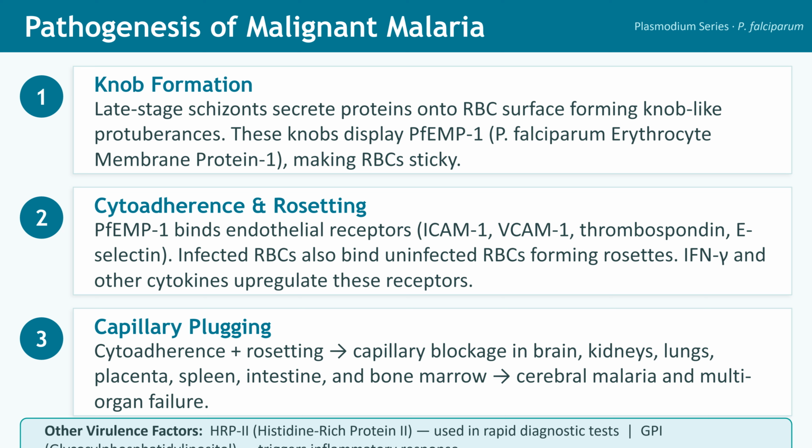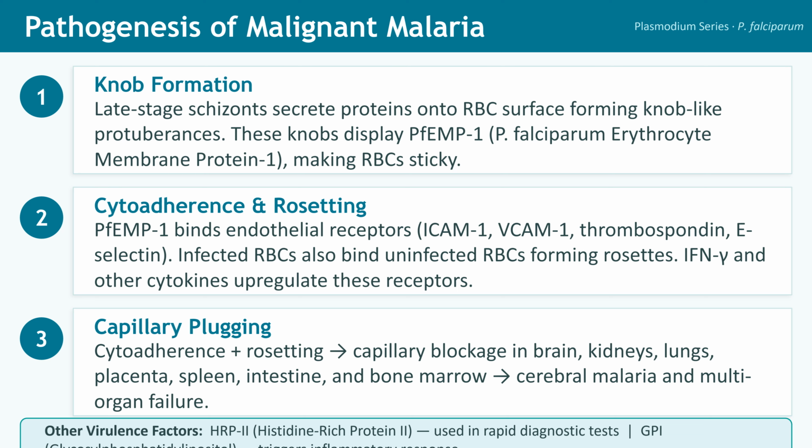Infection due to Plasmodium falciparum is responsible for malignant malaria or pernicious malaria. The pathogenesis of malignant malaria involves knob formation, cytoadherence, rosetting and capillary plugging, leading to cerebral malaria and multi-organ failure.